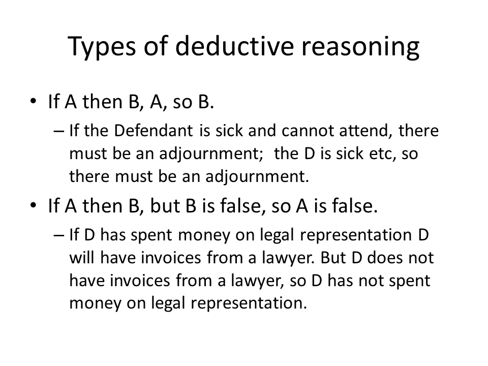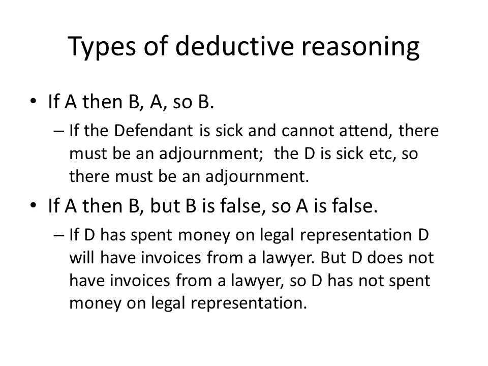So that has the form: if proposition A, then proposition B. Proposition A is true, so therefore proposition B must be true. Let's have a look at another formal argument.